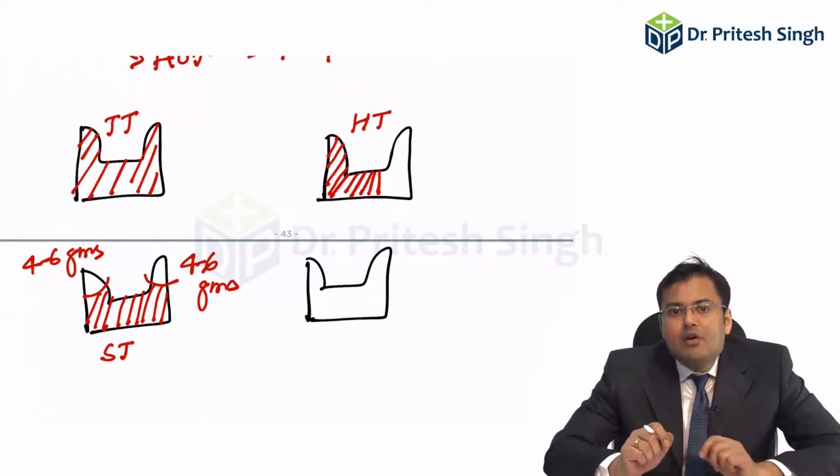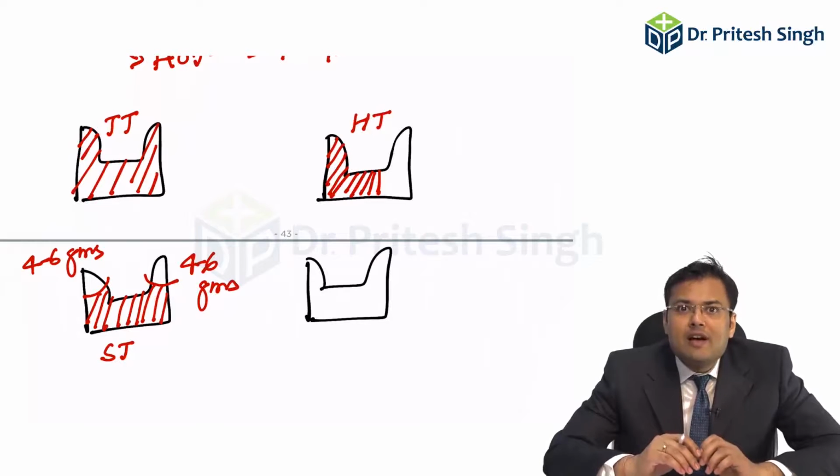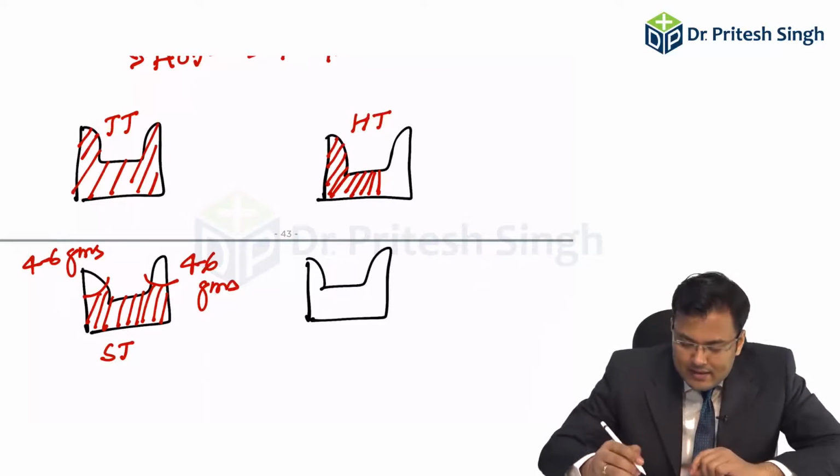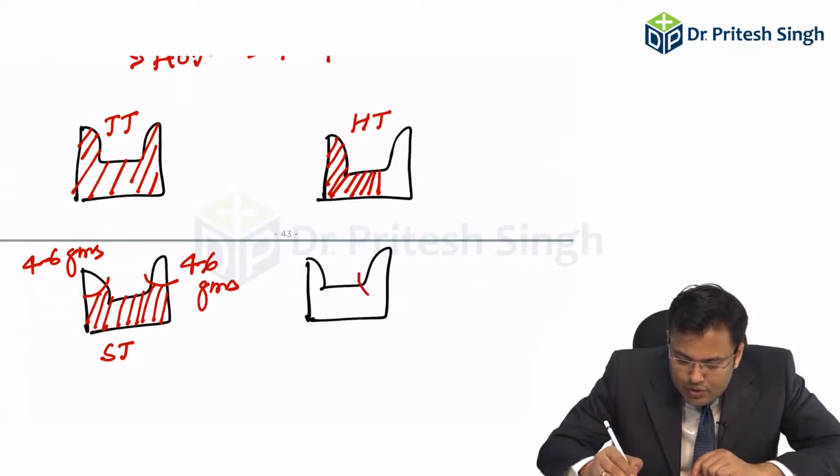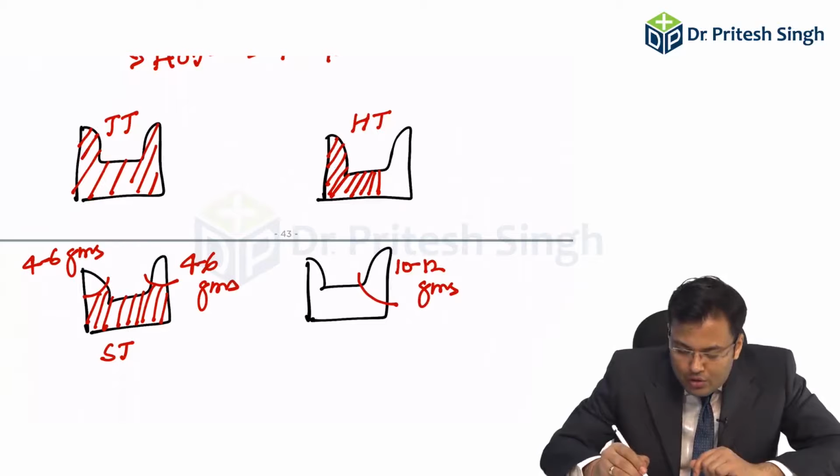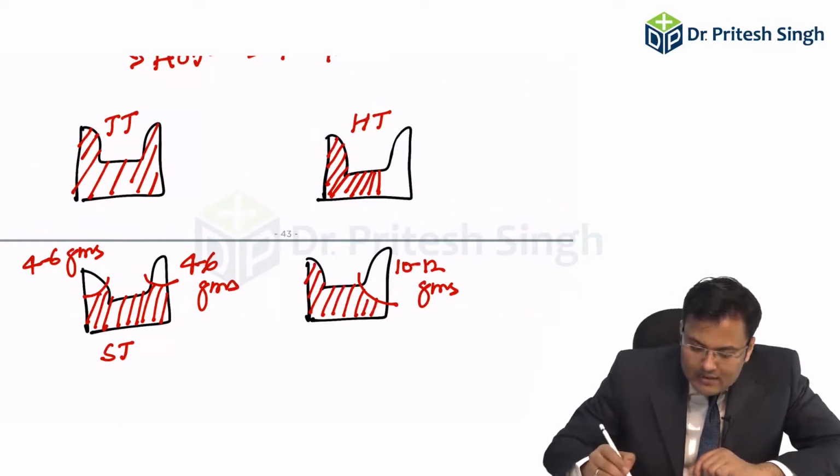So leaving 4 to 6 grams of thyroid tissue in each lobe superiorly with removal of the rest of the thyroid gland, this is subtotal thyroidectomy. After that, see, suppose we are going to leave 10 to 12 grams of thyroid in one lobe and remove the rest of the thyroid gland.